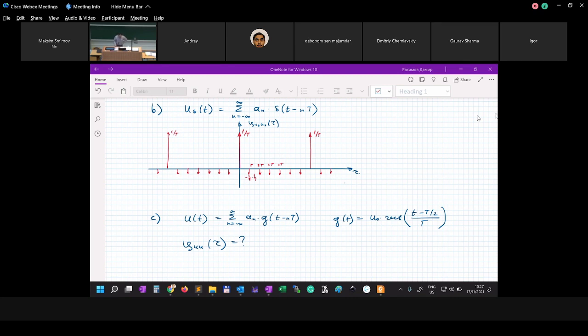You are on the right path. For two rectangular pulses of the same duration, we get a triangular pulse. So several successive triangular pulses. Not sure, but thank you for this try.